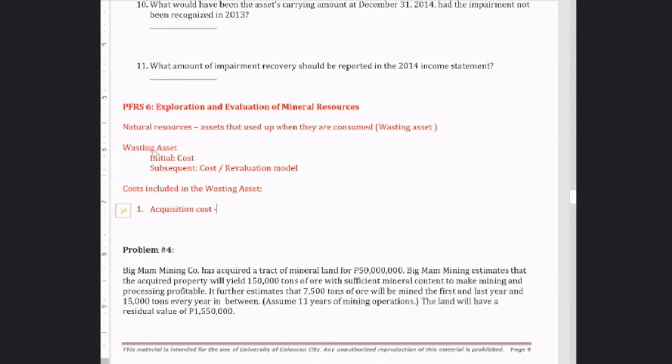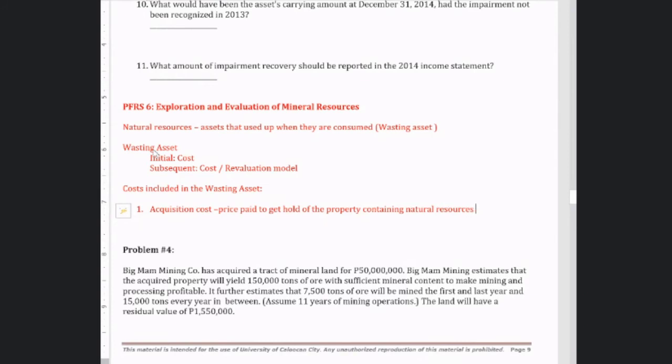It is the price paid to get hold of the property containing the natural resources. Technically, ito yung legal rights mo, pag-purchase ng rights, titulo, kung ano pang requirements.